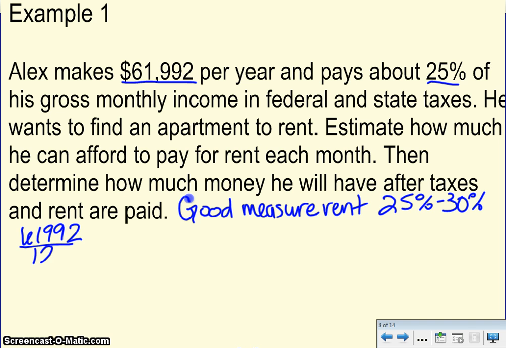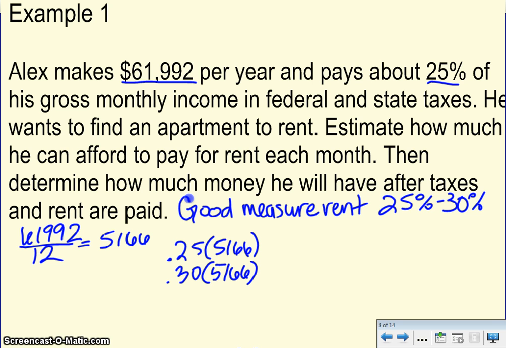We need to divide that by 12 so that we can find out what his actual monthly income is. And when we do that in the calculator, we find it to be $5,166. So now it's just a matter of finding out what 25% of that value is and what 30% of that value is.